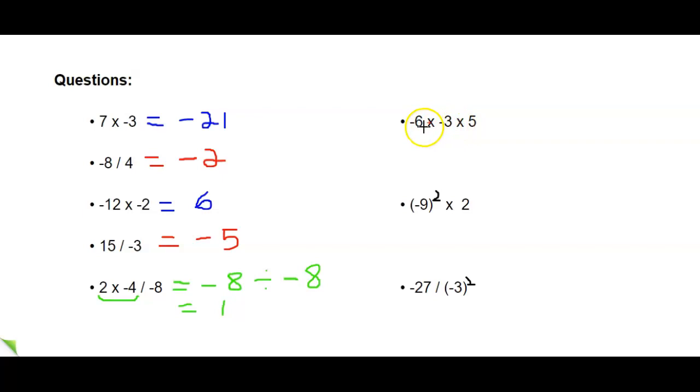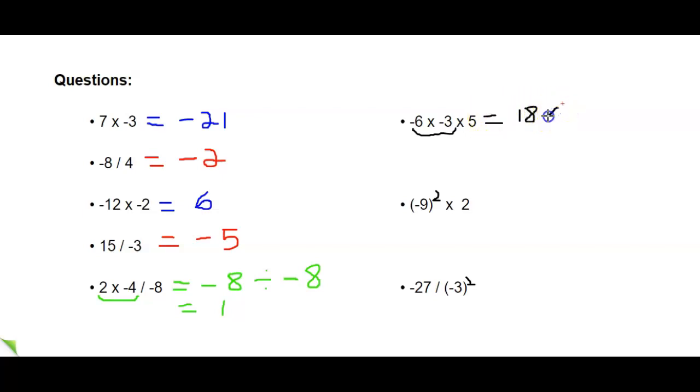Here we have negative 6 multiplied by negative 3 times positive 5. So let's see what that would work out to. This would be equal to negative 6 times negative 3. We will deal with that part first. Negative times negative is positive. 6 3s are 18.